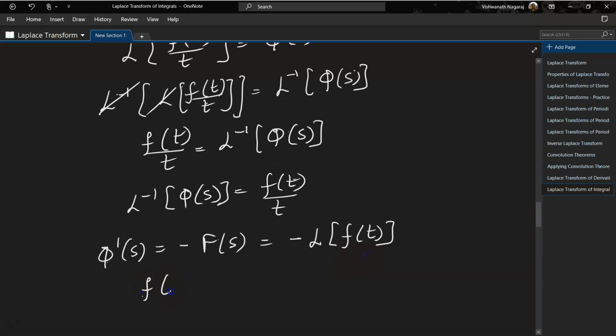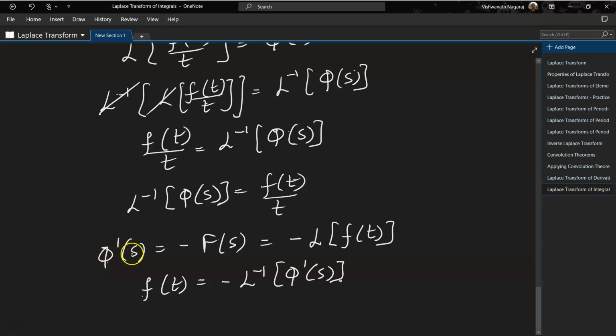F of t is equal to minus Laplace inverse of phi prime of s. Remember, how did we get this? We took the Laplace inverse of this. So Laplace and inverse Laplace gets cancelled, and we are left with f of t. Since we are taking a Laplace inverse on this side, we have to take it on this side also.